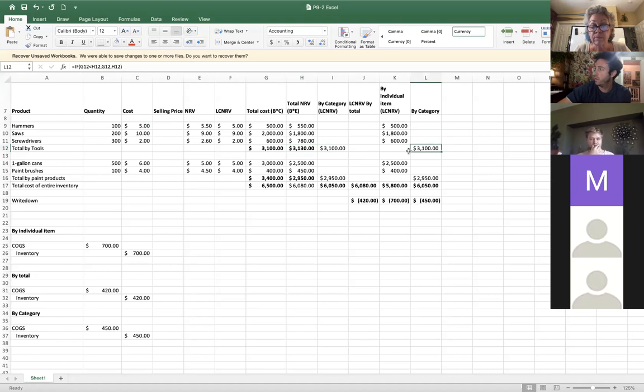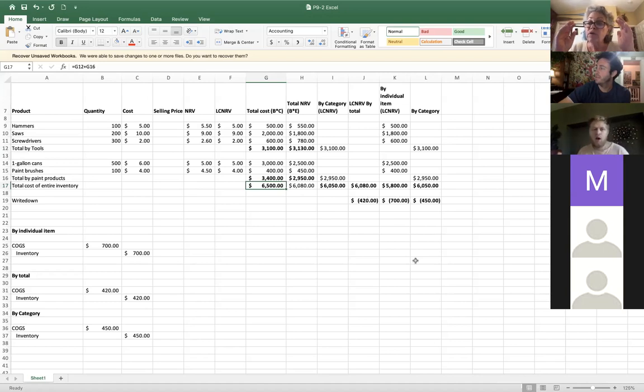It doesn't matter which column you look at, they're both the same. I did it twice, and then summed them up and compared it to my cost and calculated my write downs, okay? So I just wanted you to see how to apply this either by individual item, by category, or by total.